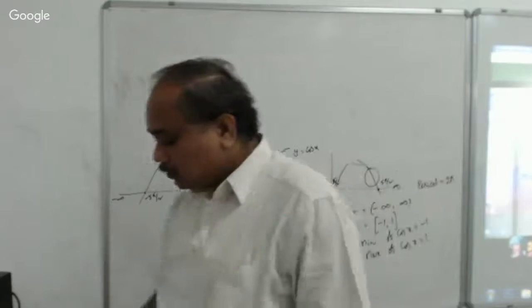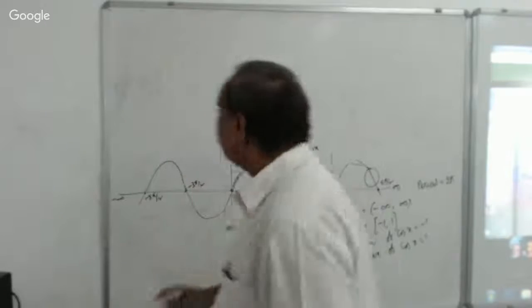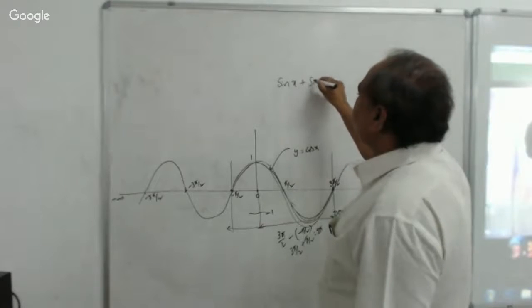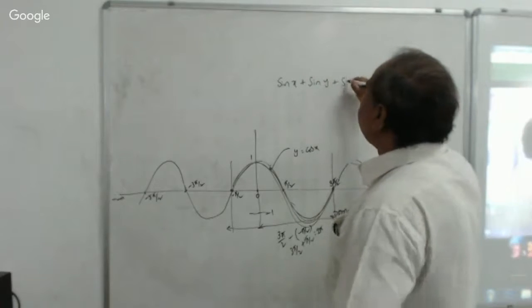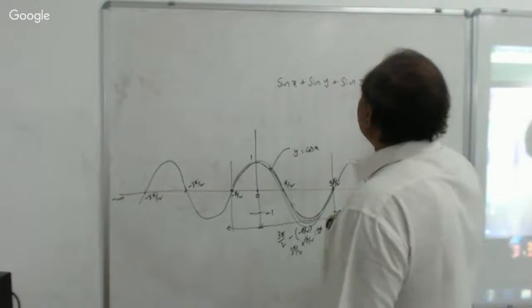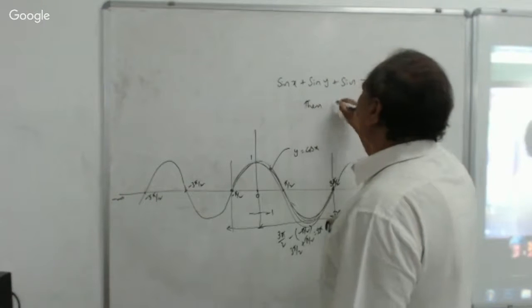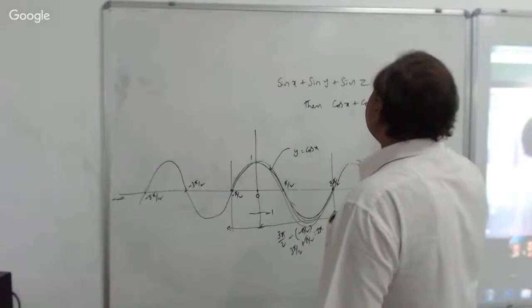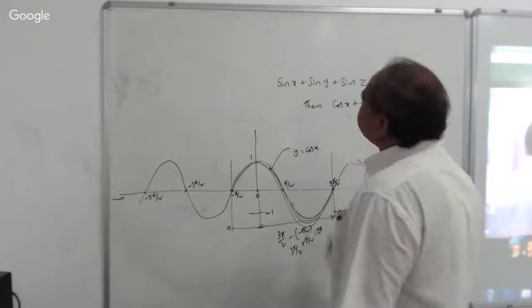The question is: sin x plus sin y plus sin z equals 3. Then cos x plus cos y plus cos z equals what?